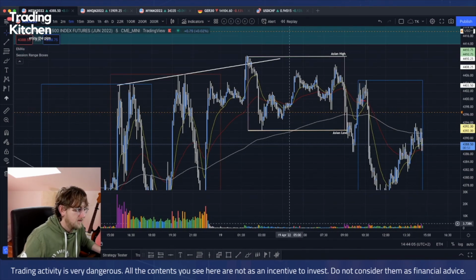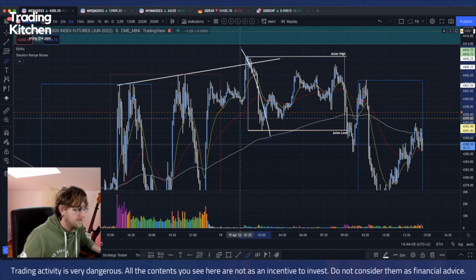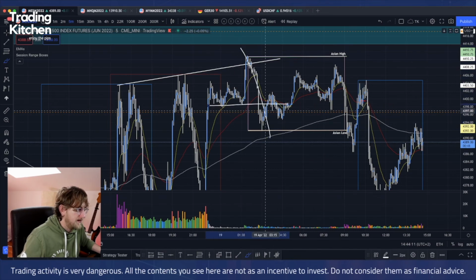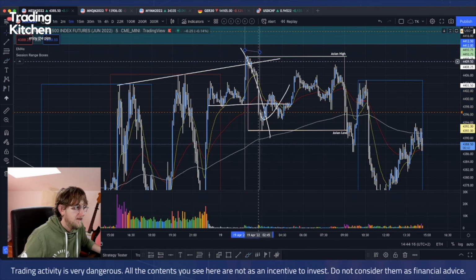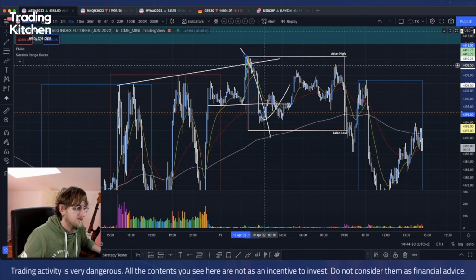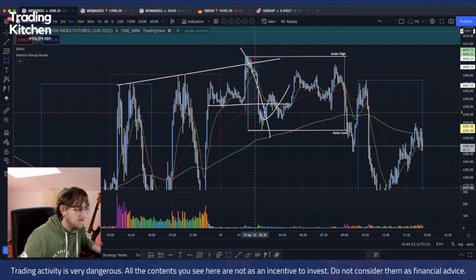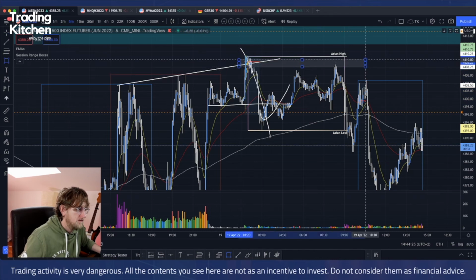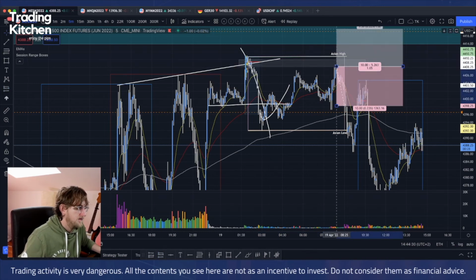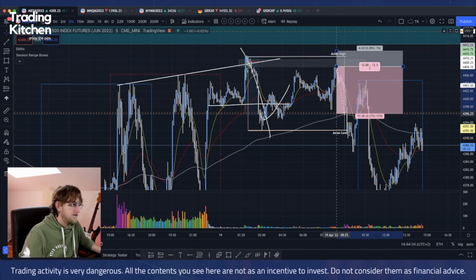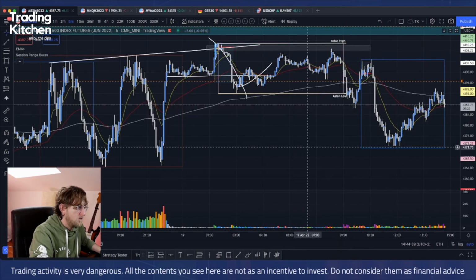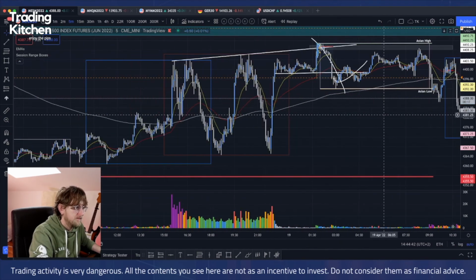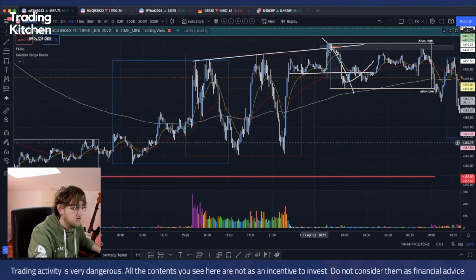We have this manipulation, we broke the structure, retest where the manipulation began, and the retest is just the beginning of this value area. The short will be here, 1:3, and that's it. This is quite frequent. You can see it almost every day.